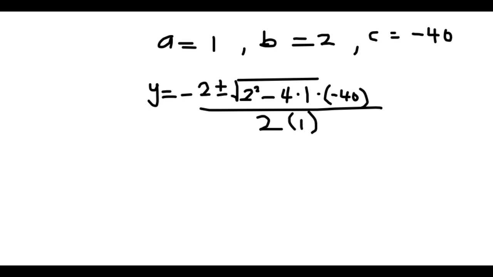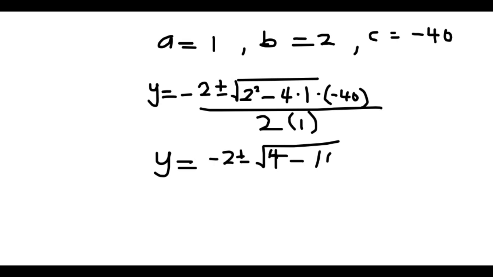So from here we have minus 2 plus or minus square root of 2 squared, which gives us 4, minus minus 4 multiplied by 1 multiplied by minus 40.